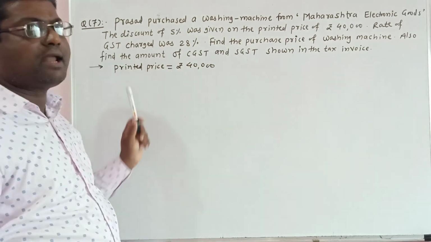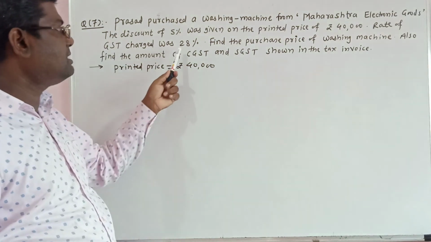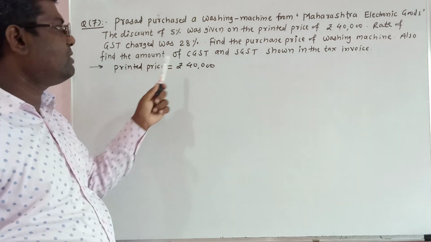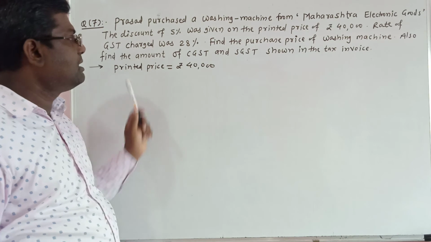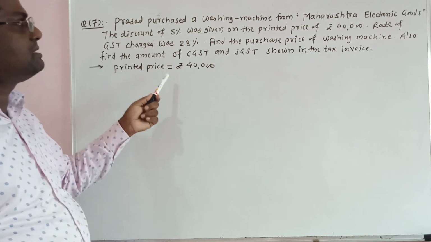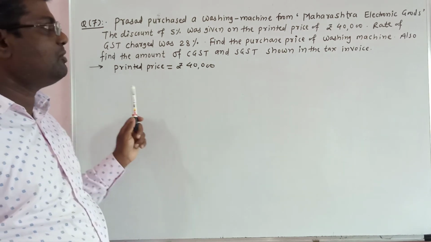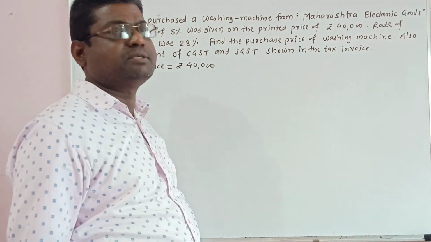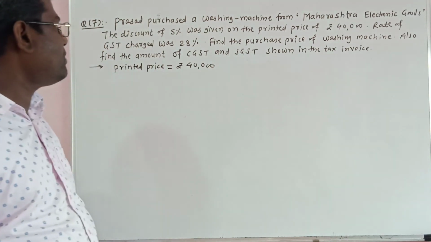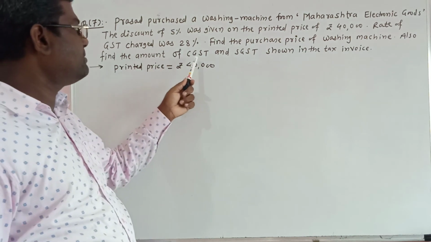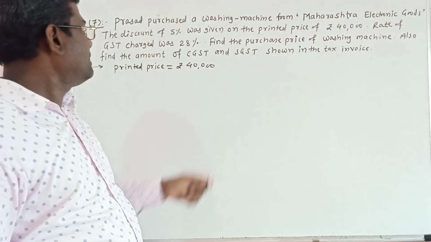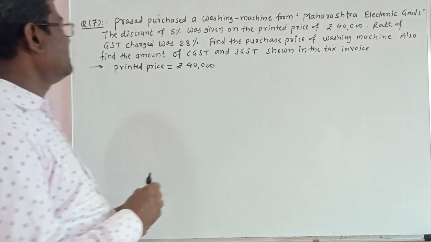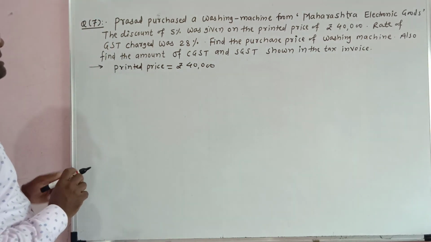So we calculate the amount of GST by multiplying the taxable value by 28 upon 100. Now if we add this GST to the taxable value, we get the purchase price of the washing machine. And if we divide the amount of GST by 2, we get the amount of CGST and SGST. Now let's solve this example.